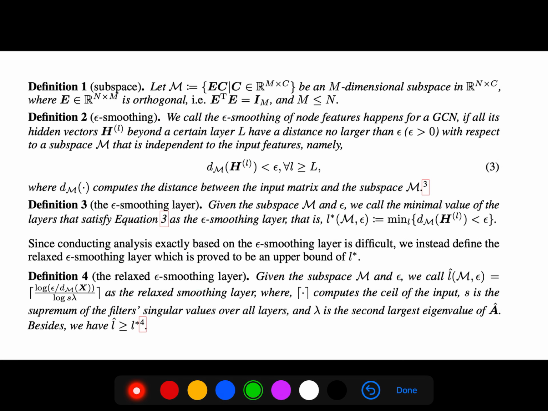So the definition of epsilon smoothing is like this. We call it epsilon smoothing of node features when it happens for a GCN if all its hidden vectors beyond a certain layer have a distance no larger than epsilon, with respect to a subspace M that is independent of the input features.